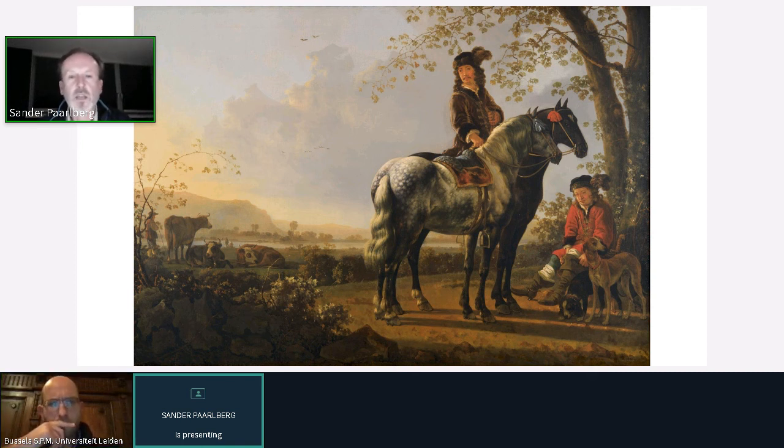And we have also looked into the relationship between, for example, these horse paintings by Cuyp and the equestrian sporting paintings in England that also were started in the 18th century with Wootton and later with Stubbs.